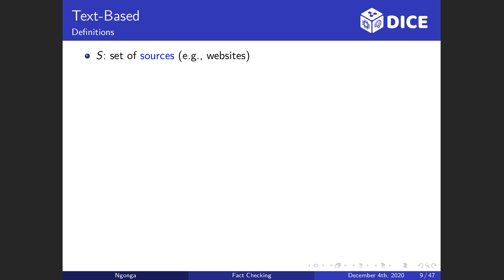We have a set S of sources. That's basically component number one. For example, websites or some documents. And this set of sources asserts certain claims. So basically, they state certain facts, and those are the facts that we need to check.